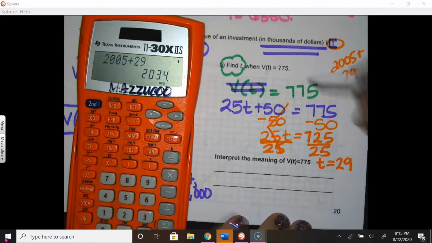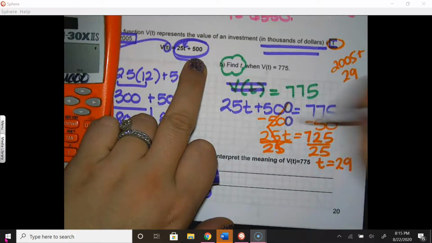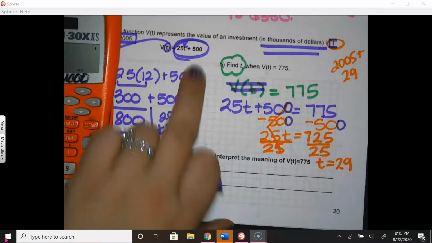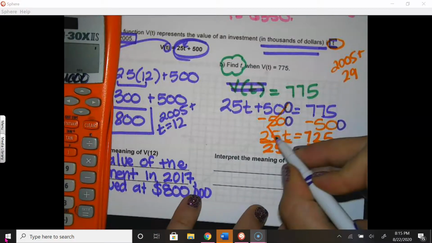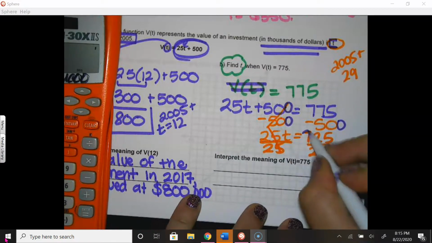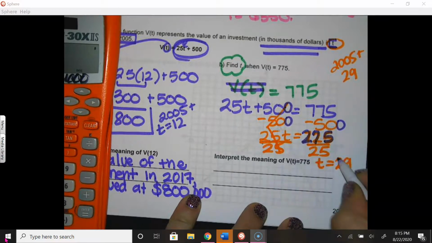Okay, I just realized I copied the problem down wrong. This should be 500, so we should be subtracting 500 from both sides, which would make this 25t equals 275. When you divide by 25, we get 11.